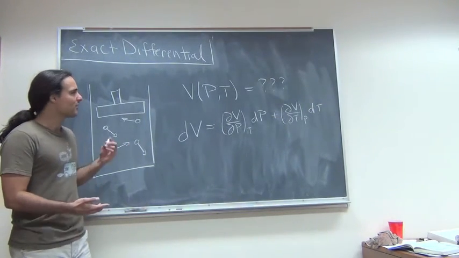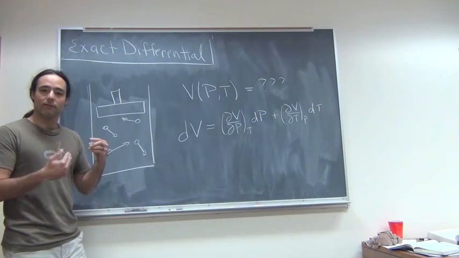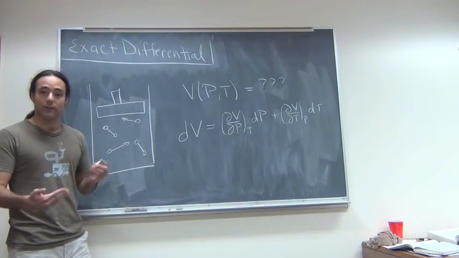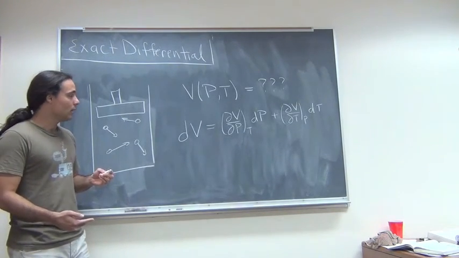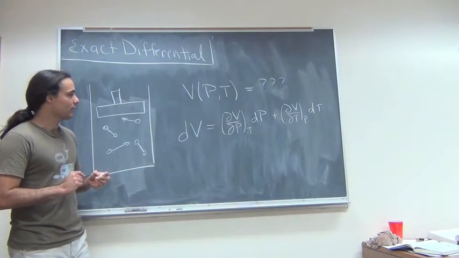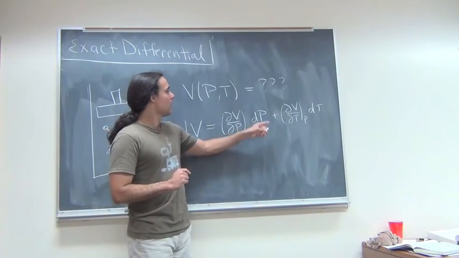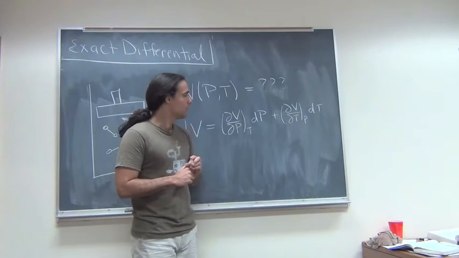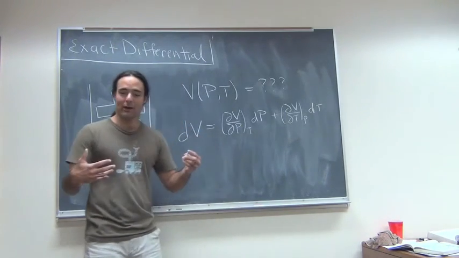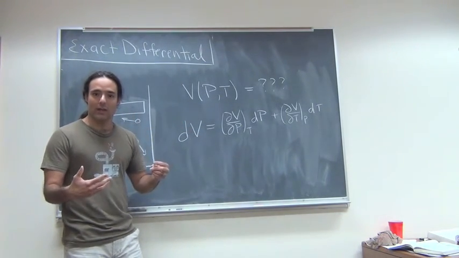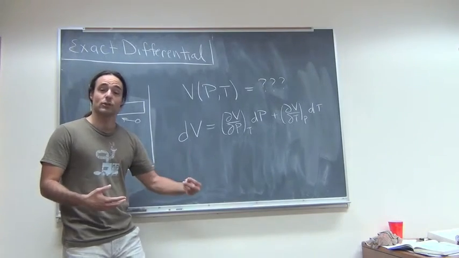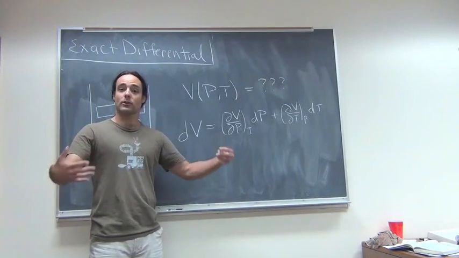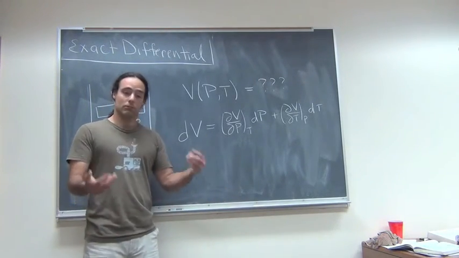All right, well, how does this help me find out what the volume is as a function of the pressure and the temperature? Here's where it gets very, very nice. How does my volume change as a function of the temperature? Well, we've talked about that. We've talked about how volumes of things change as you change the temperature. We said as you heat things up, they start to expand. Right?